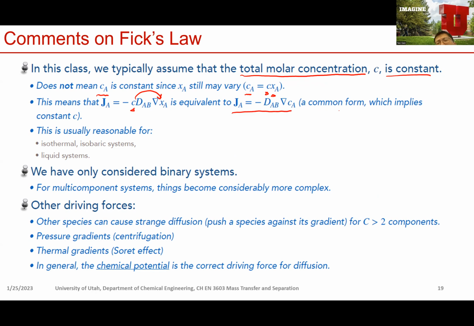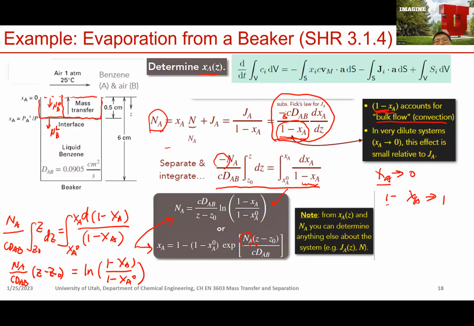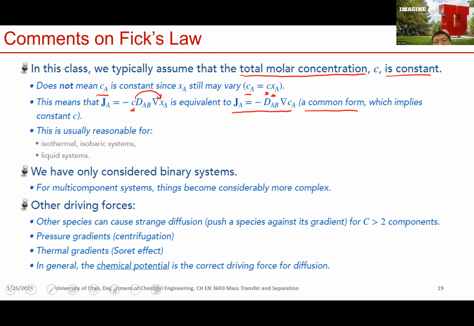So this is another common form of Fick's law, right? This is the very beginning. I said the driving force of diffusion is the concentration gradient. This is reasonable for an isothermal, isobaric system, or a liquid system.